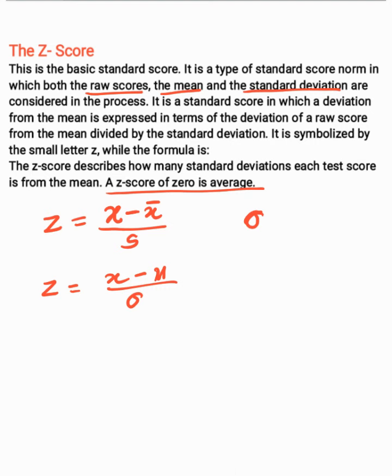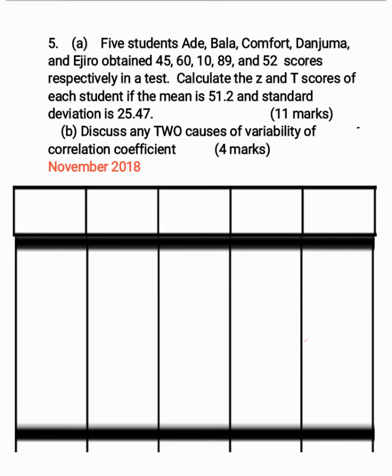Okay, let's take a look at this. Five students, Ade, Bala, Comfort, Danjuma, and Ejiro, obtained the marks stated here. Let's quickly put them down. We're going to solve this together. Ade, Bala, Comfort, Danjuma, and Ejiro.